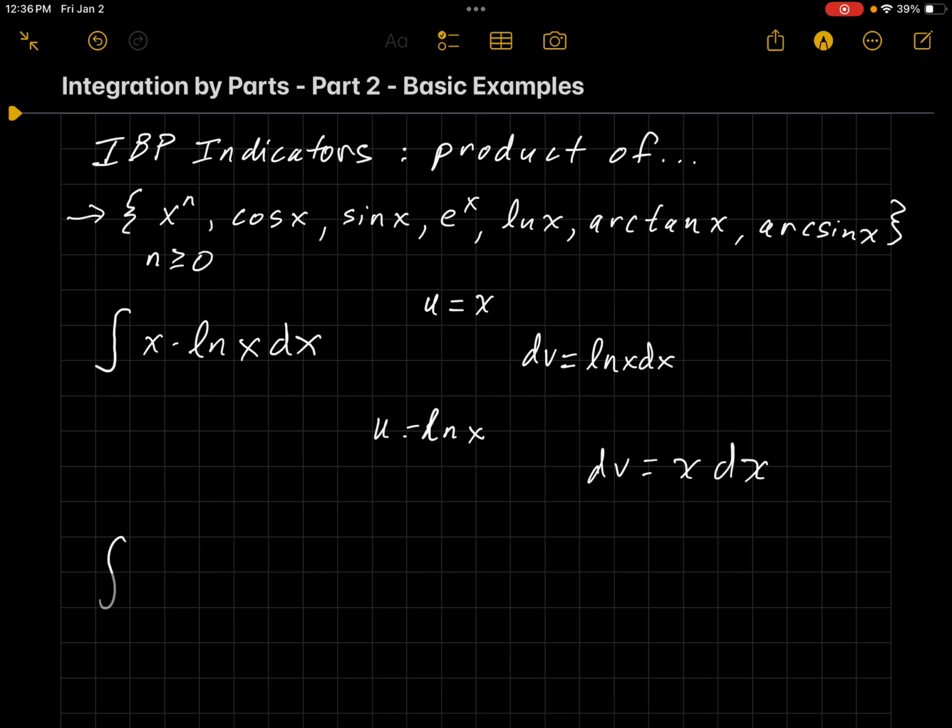Remember that we are given the integral of u dv, which equals uv minus the integral of v du. So given u and dv, we choose which is which. I need to find v and du.